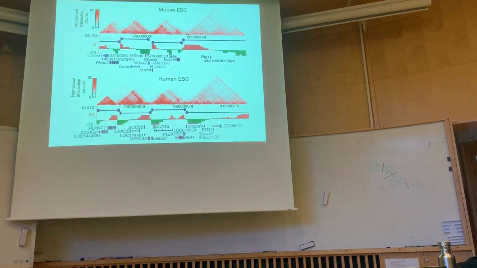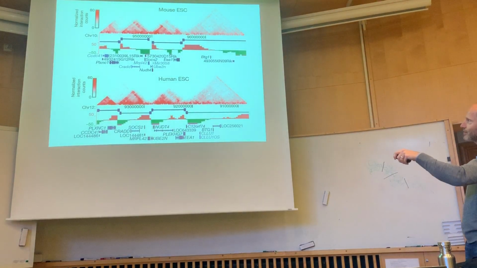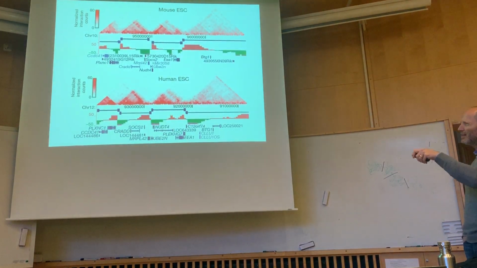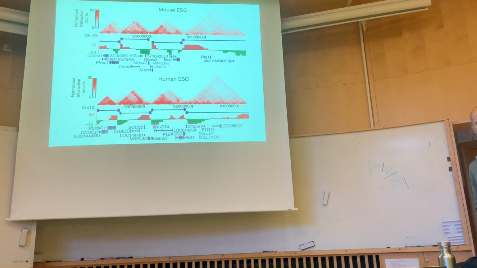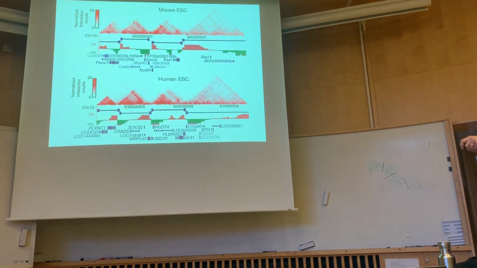But what is also important to understand is that these TADs can be very different between different cell types. Here I show you that they are similar because it's the same cell type in two species, but in different species they can be a bit different. I think we don't know.